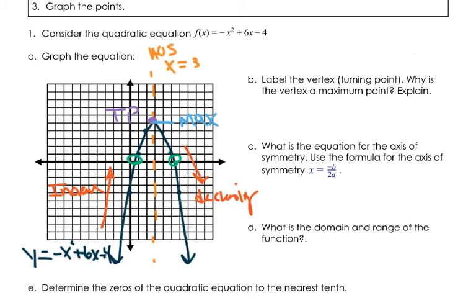Okay, so it says label the vertex, the turning point. All right, so another word for turning point is vertex. So something we already did. Why is the vertex a maximum point? Well, we know it's a maximum point because the a value in the equation is negative, and that will cause the parabola to open downwards, which would give us a maximum point.